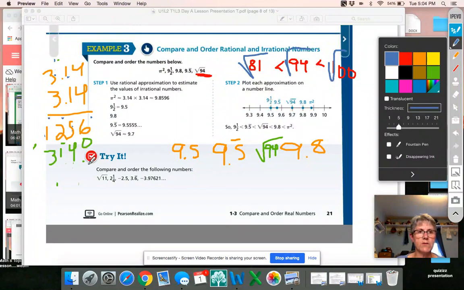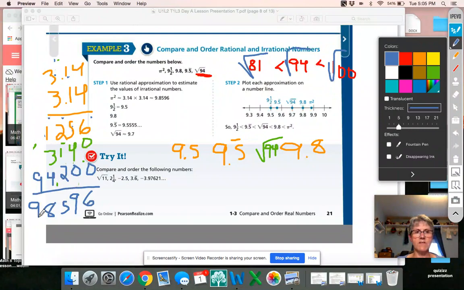And we need 2 placeholders this time. 3 times 4 is 12. And then we get 6, 9, 5, 8, 9. And so you can see that pi squared is just a little bit bigger than 9.8.